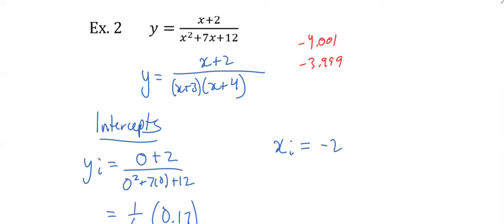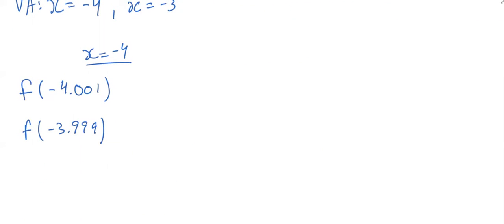What about this one, negative 3.999? That's going to be positive, no matter what you do. So 2 negatives makes a positive. So I already know by inspection that this one's going to be negative, and this one's going to be positive. And sure enough, this one works out to negative 1999, and this one works out to positive 2001.